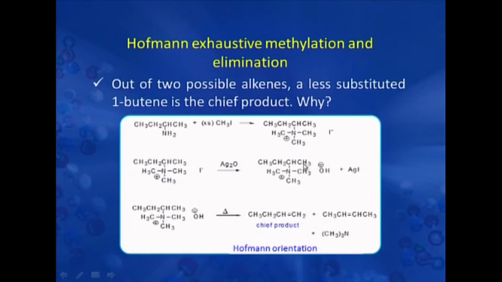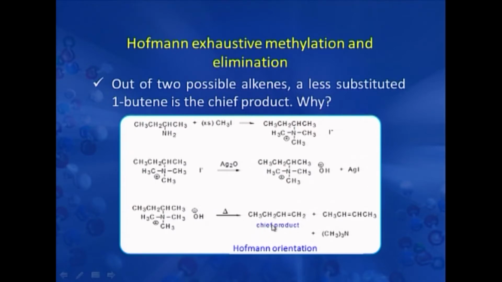If we start with an amine where 2 possible alkenes can be formed upon elimination, we find that the alkene which is less substituted is the major product. Like in this case, you can see this is 2-butanamine. This undergoes exhaustive methylation followed by treatment with silver oxide, and then upon heating undergoes elimination.